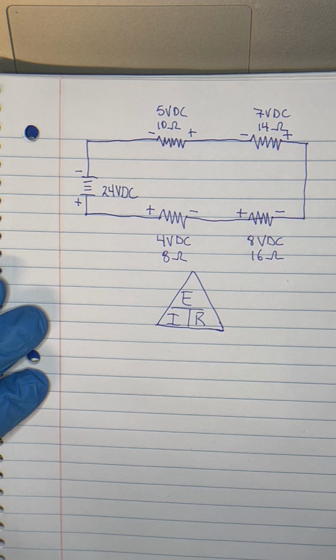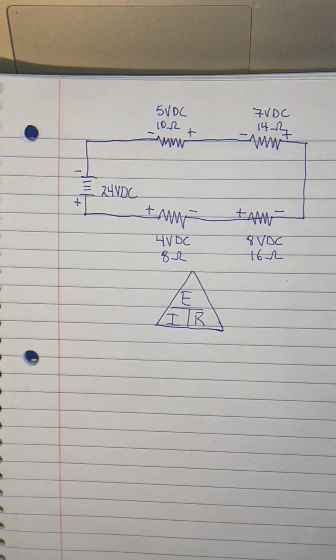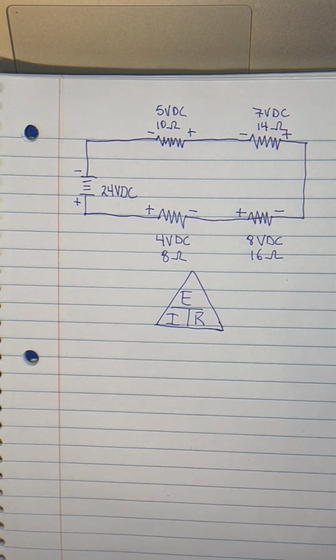So as we said before, in a series circuit, because there is only one path for the current to flow through a series circuit, it must flow through each and every resistor. Each resistor limits or impedes the flow of current in the circuit.